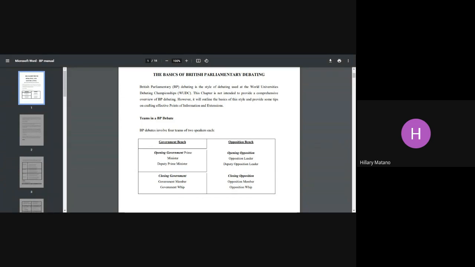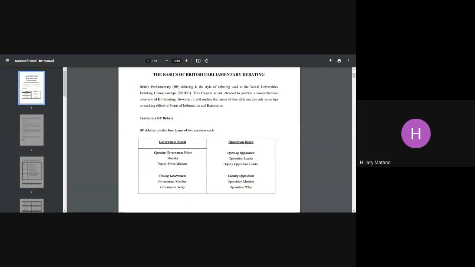That is what you need to know from the beginning. Even though we are having 2 teams on the government side, or 2 teams on the opposition side, each of these teams are competing against each other.